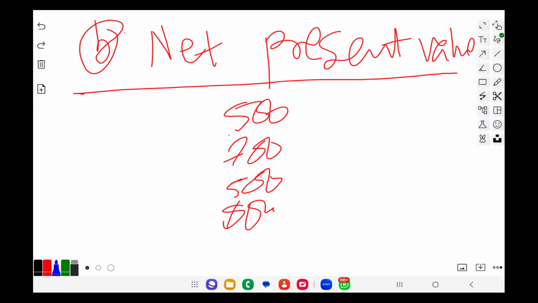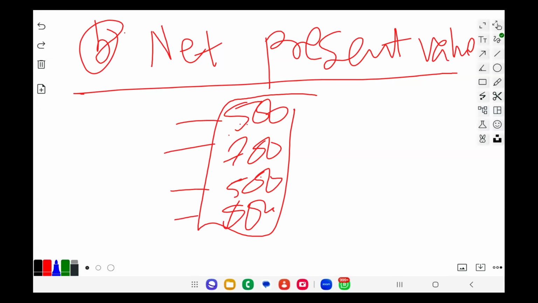Now, since these amounts are in the future, I want you to pay attention. You have to discount these cash flows back to the present, bring them to now. So there is usually a rate, we call it a discounting rate, that is used to bring these cash flows back to the present.